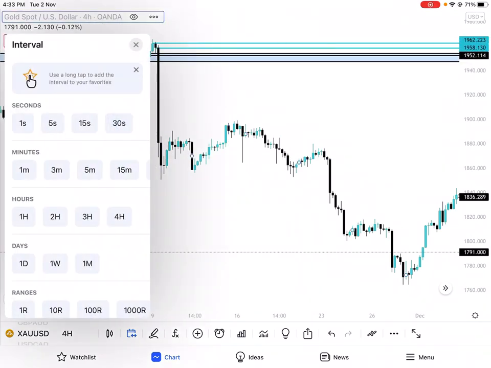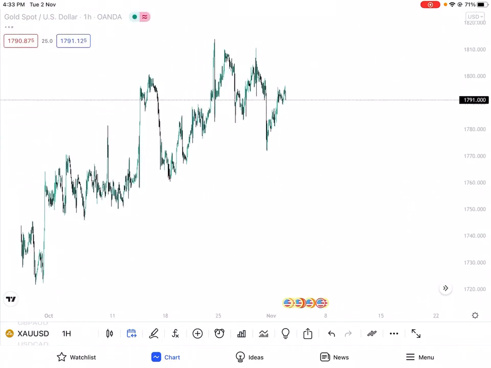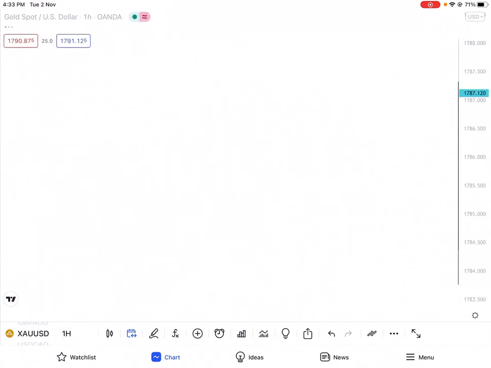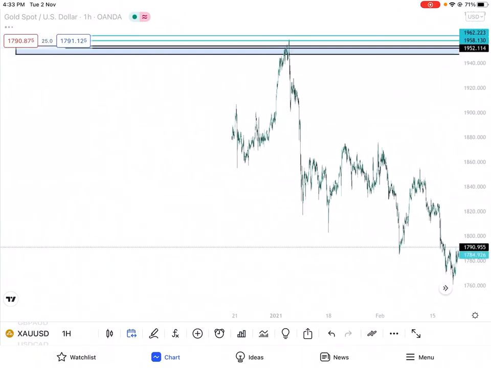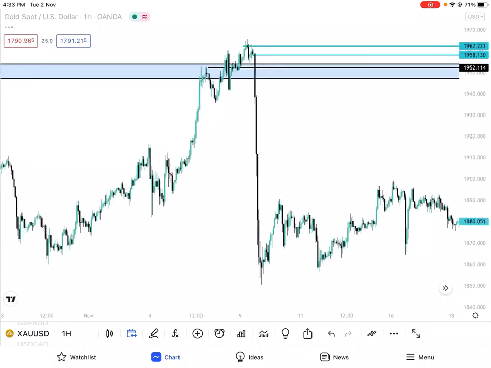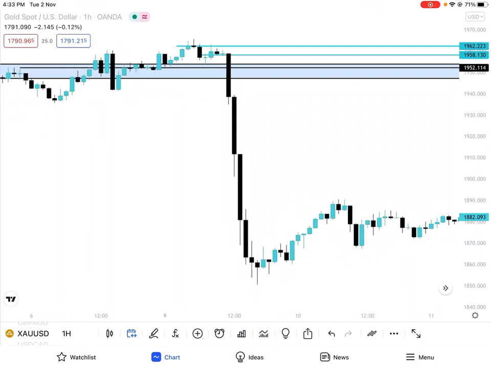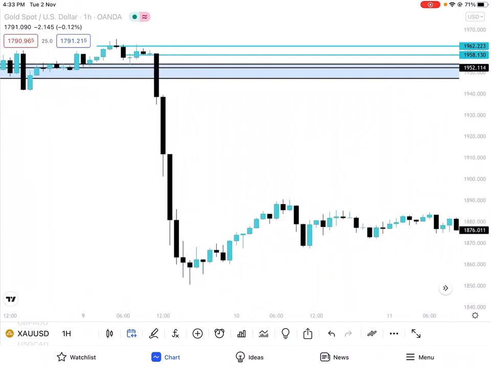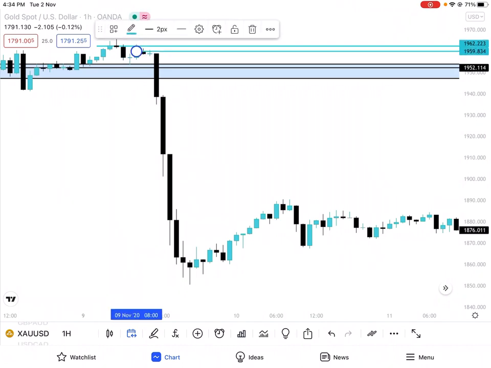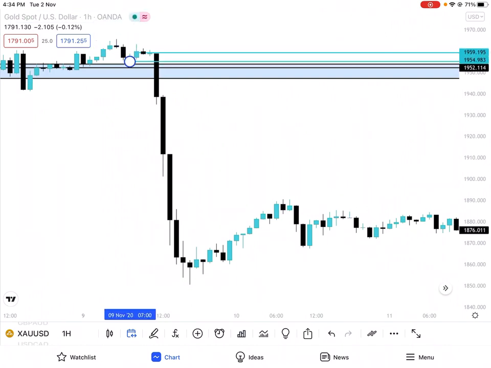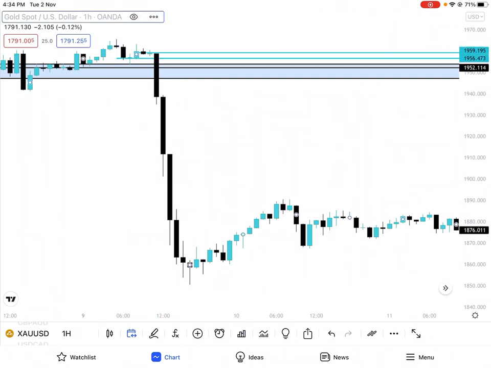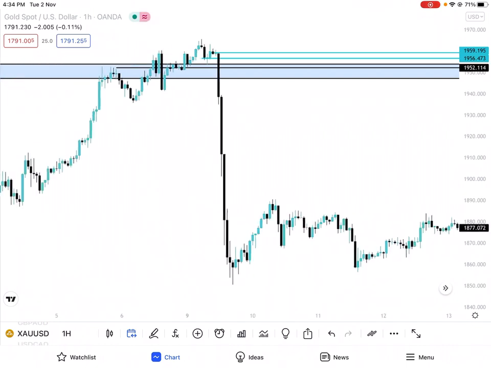On H1, we see the highest resistance here is not fresh. So we remove this, and we take these two lines, which are the breakout and the resistance.